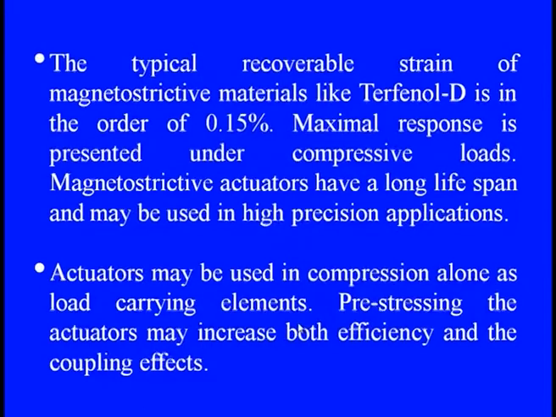Actuators which may be used in compression along with load carrying elements are perfect for these kinds of materials, and pre-stretching these actuators can also increase the efficiency and the coupling effect for these actuation features.